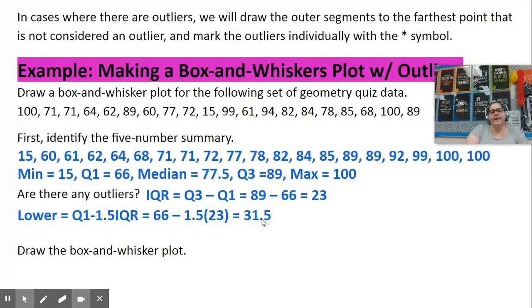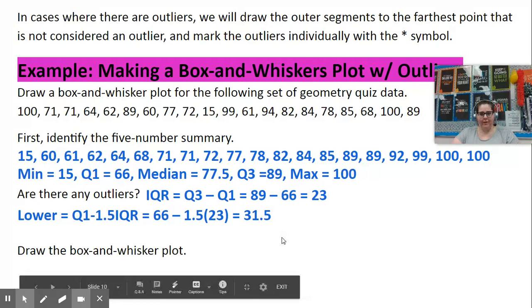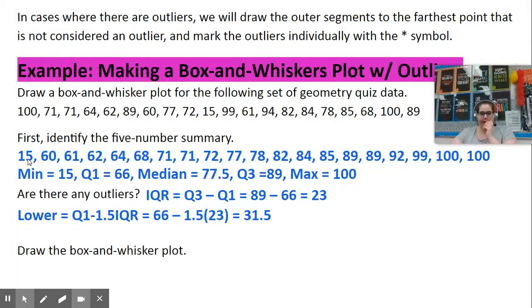Any values in our list of data that are below 31.5 would be considered an outlier. Since 15 is below that, 15 is an outlier. 60 is not below that, so 60 is not an outlier. So only 15 is an outlier.